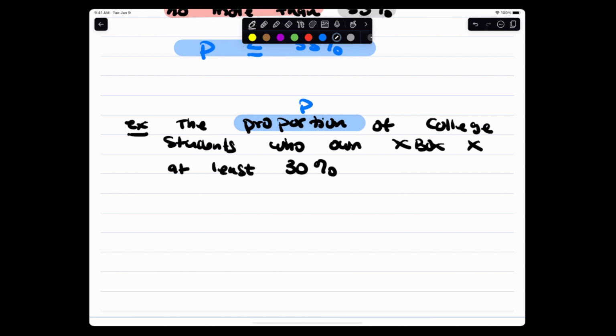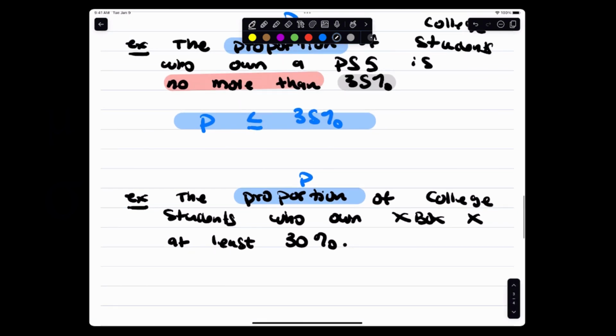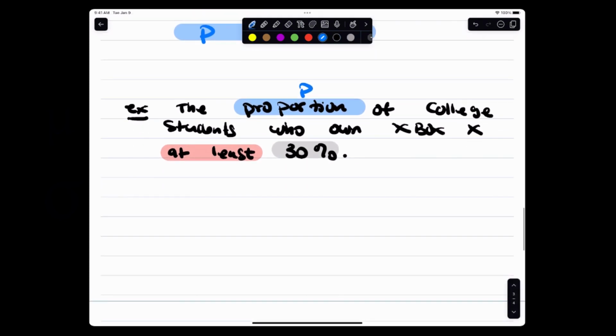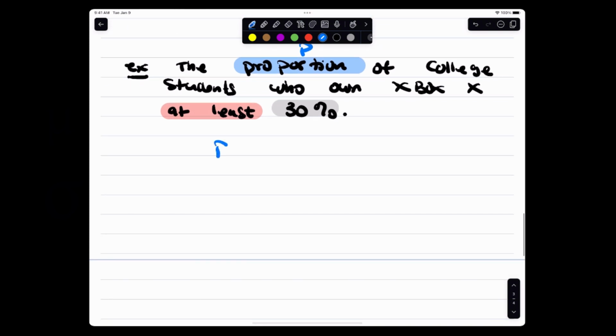30%. Okay. Now I want you guys to compare and contrast the language. This is the whole point. What does "at least" mean? Do you guys know? How do you write "at least"? P is going to be what? Greater than or equal to what? 30%.